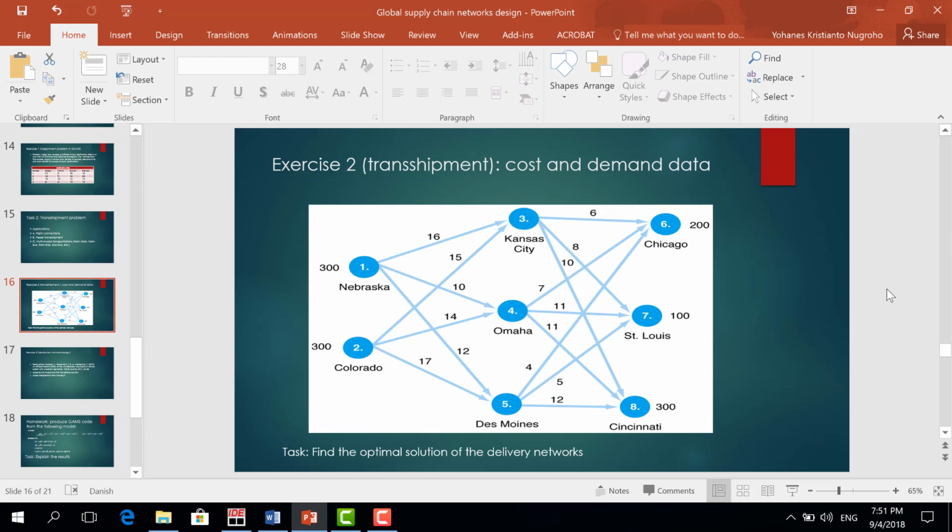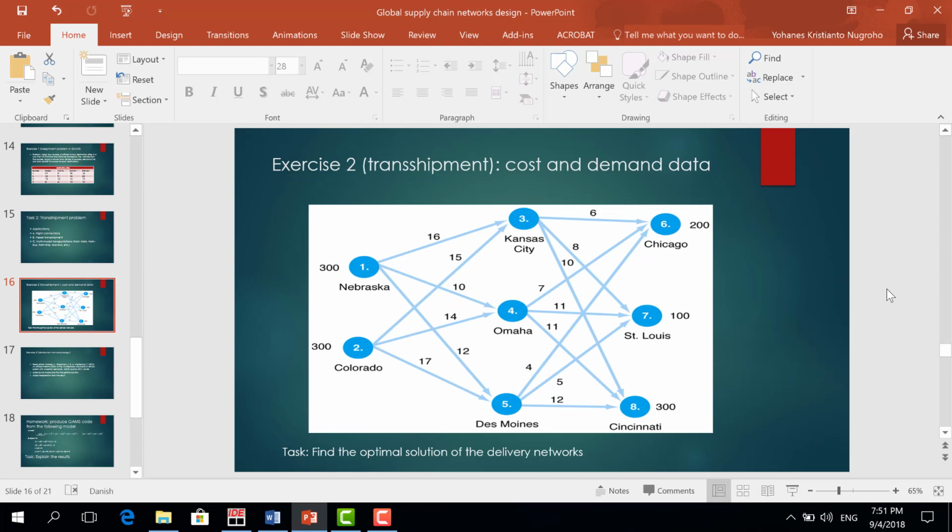For instance, how we deliver products or persons or passengers from Nebraska and Colorado to Chicago, St. Louis, and Cincinnati by going through some transshipment points in Kansas, Omaha, and Des Moines, because there is no way you can go directly from Nebraska to Chicago.